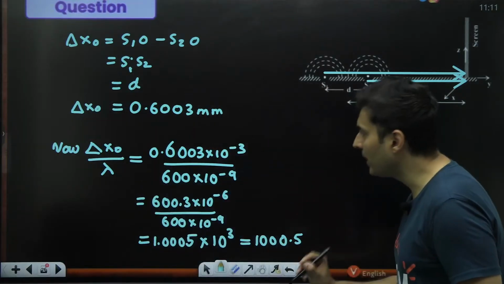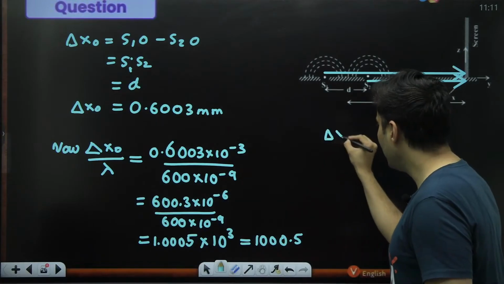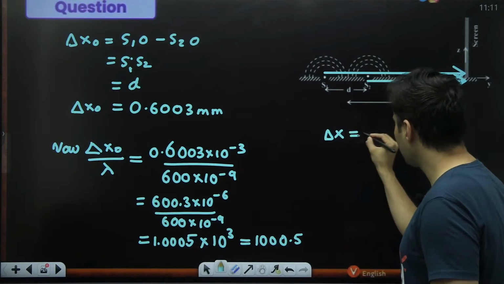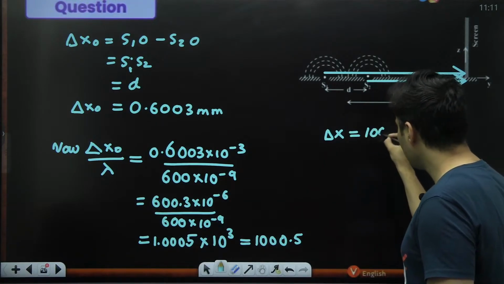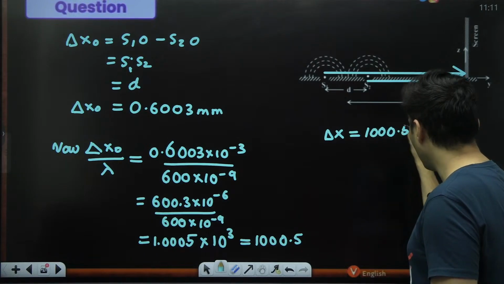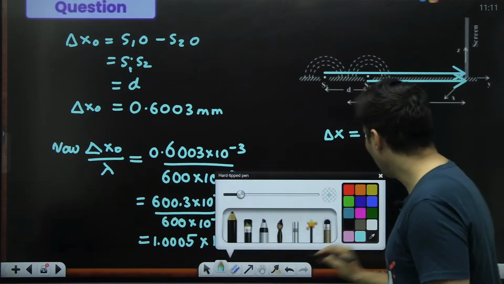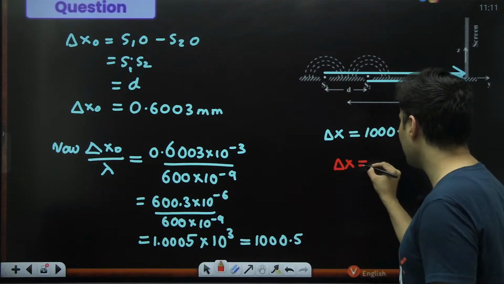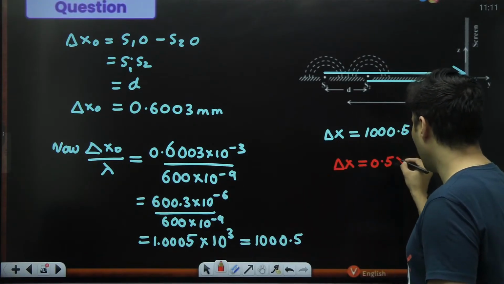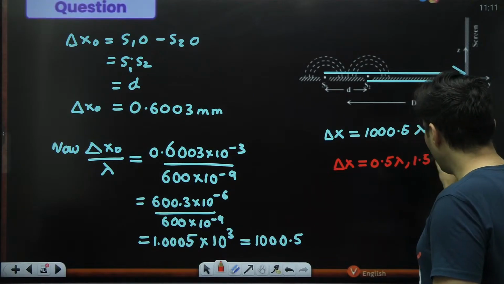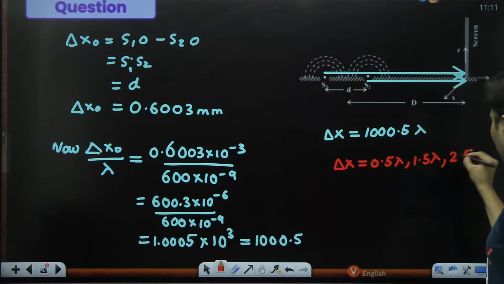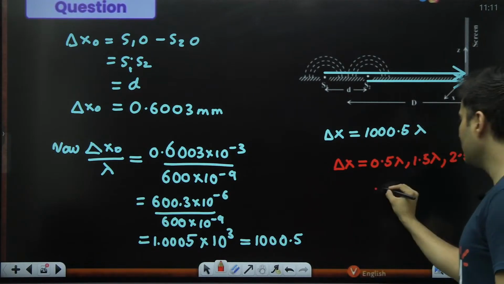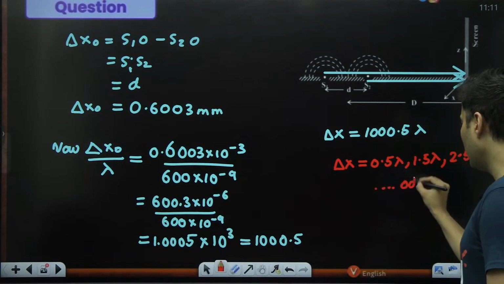Because this is 0.5, delta x is 1000.5 times lambda.